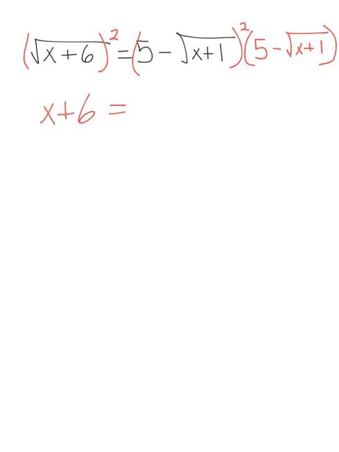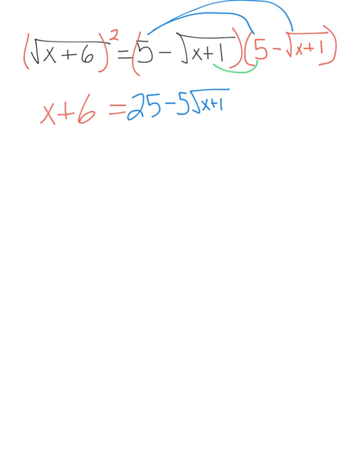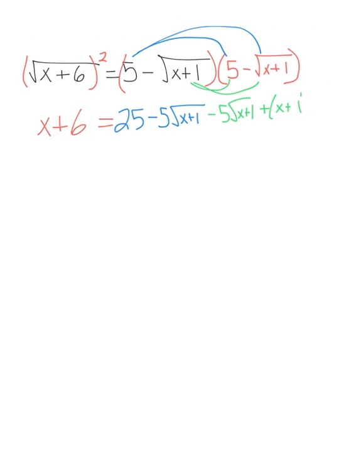So what I get over here, when I FOIL this out, is 25 minus 5 square root x plus 1, minus 5 square root x plus 1, plus x plus 1.